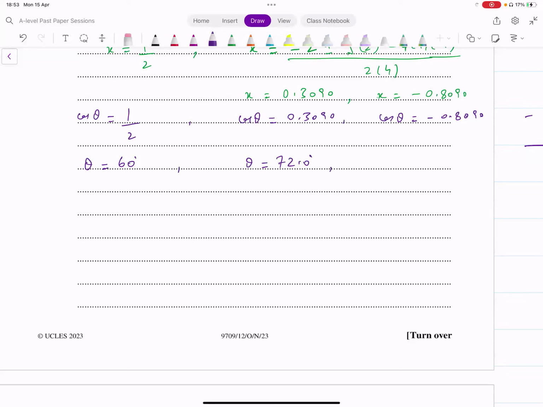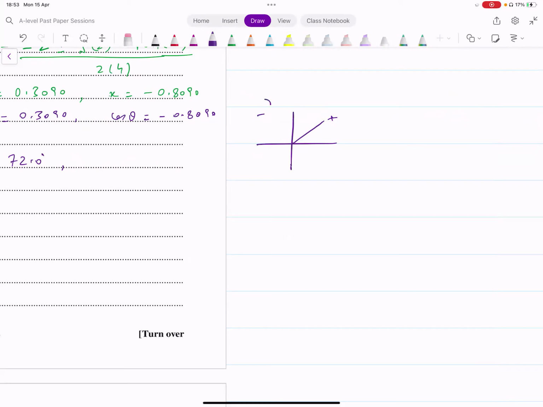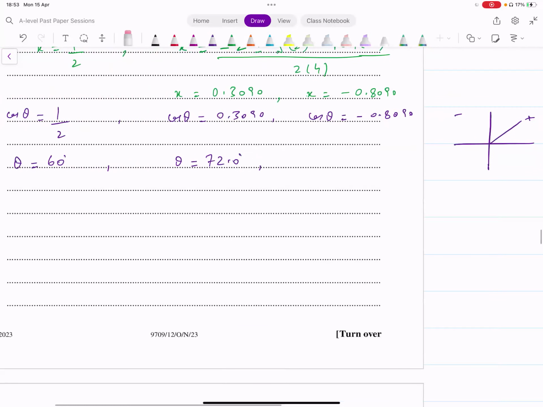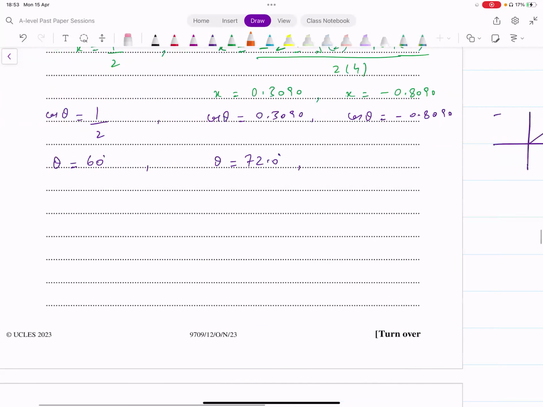And now the last one is negative. Now that means we want an answer in the second quadrant. In this case, you can just try inputting this directly, or the proper way of doing this would be finding the basic angle first. Let's actually do it that way. Let's find the basic angle. Cos alpha equals 0.8090. That's how you would do it generally. You'll find the basic angle. What's the basic angle that you get from this? The basic angle turns out to be 36.0 degrees.